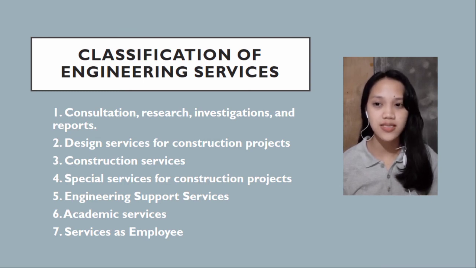Number 2, design services for construction projects. Number 3, construction services. Number 4, special services for construction projects. Number 5, engineering support services. Number 6, academic services. And number 7, services as employee.